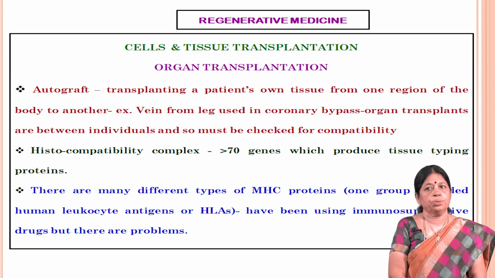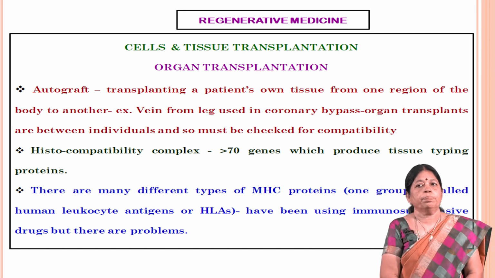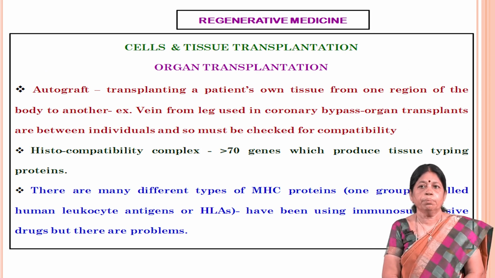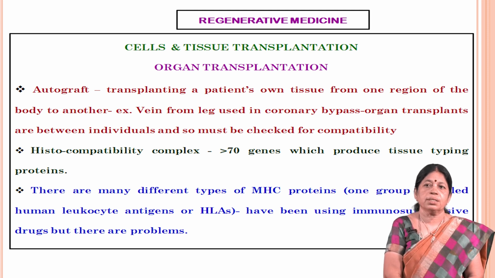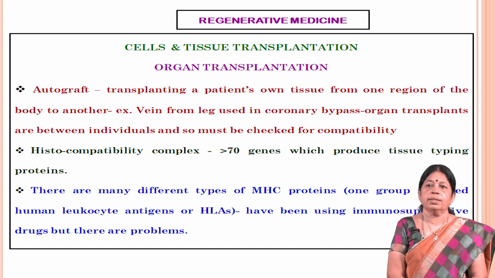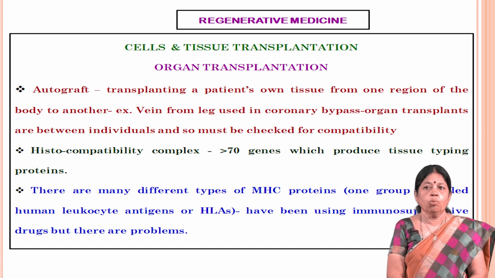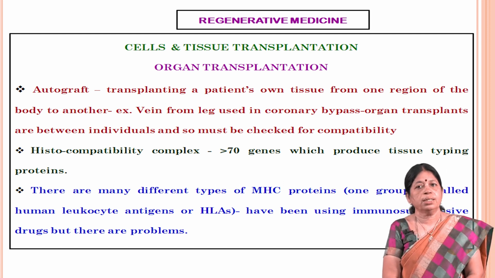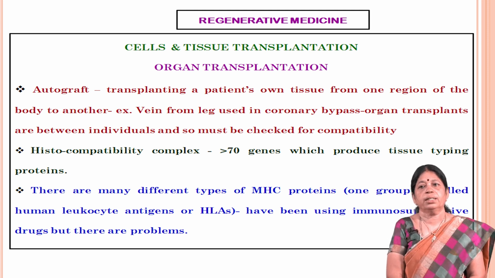So cells and tissue transplantation, organ transplantation, these are very important processes in biotechnology. And autografts are transplanting a patient's own tissue from one region of the body to another region. That is, a vein from the leg used in coronary bypass.